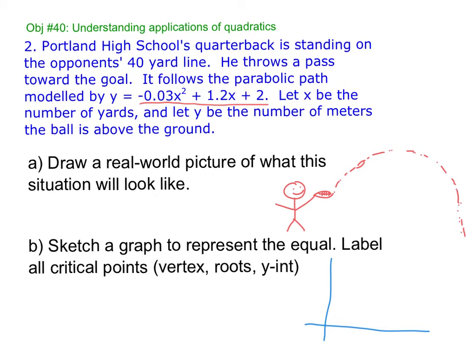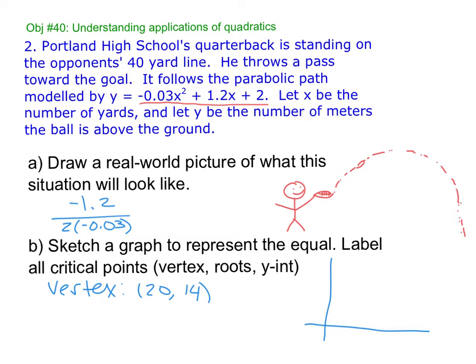All right, to find the vertex, it's actually a nice number. The vertex I got was 20, 14. So if you do negative b over 2a, negative 1.2 divided by 2 times negative 0.003, it actually comes out to 20. And when I plugged in, I got 14. So you can use the calculator however you want to do that problem.